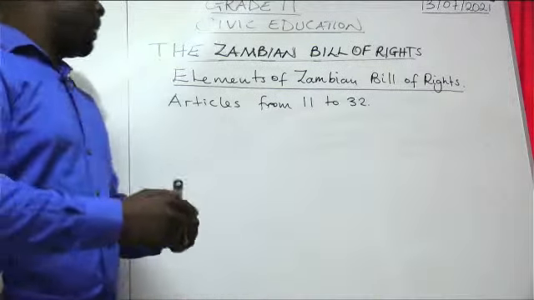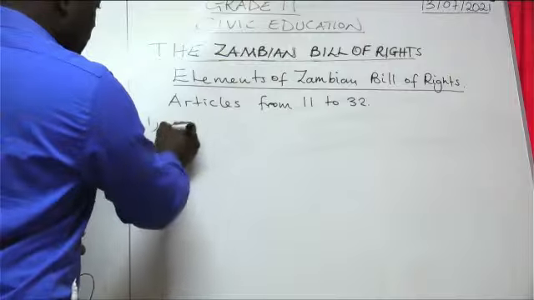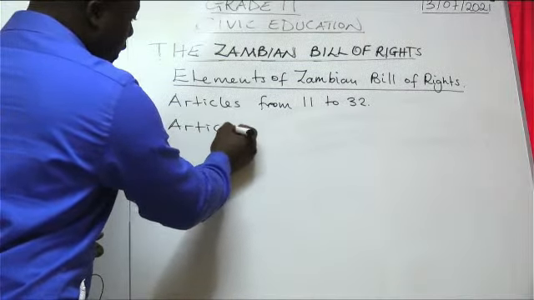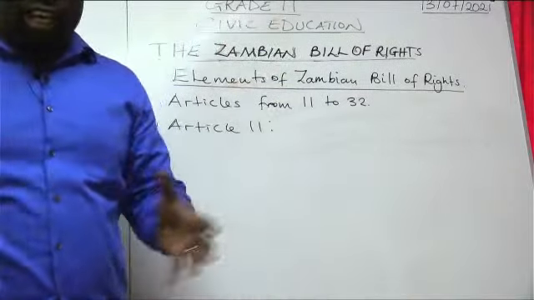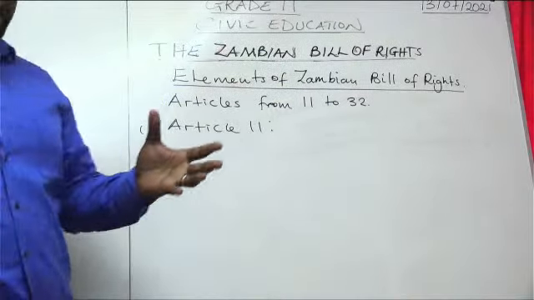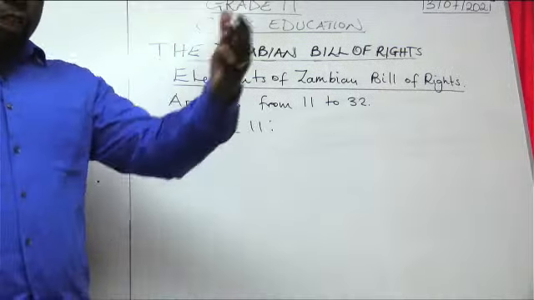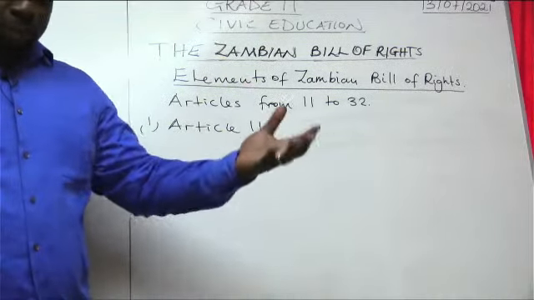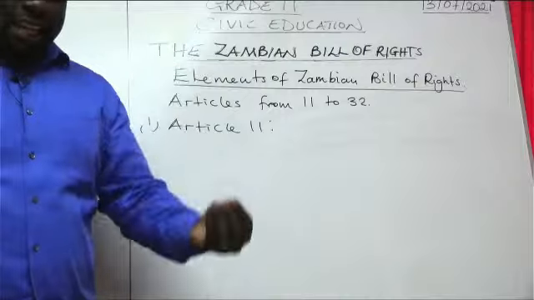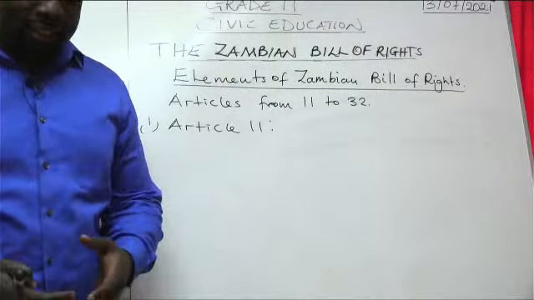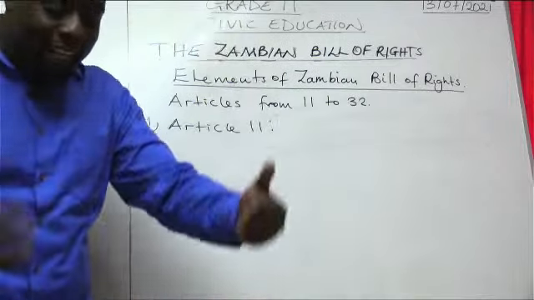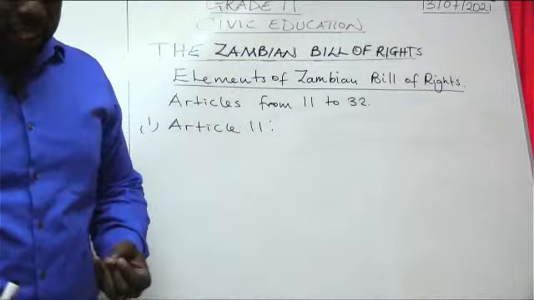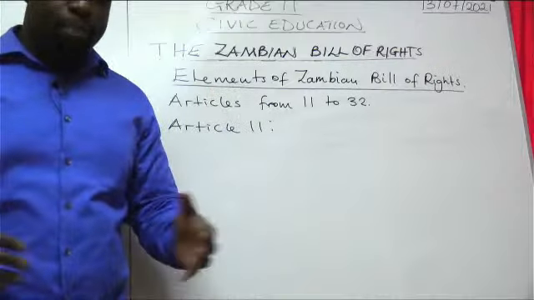So article number 11. When you look at Article 11 of the Zambian Bill of Rights, this is the preamble, which is a general declaration of the rights of every person in Zambia, which is entitled regardless of your race, your place of origin, political.